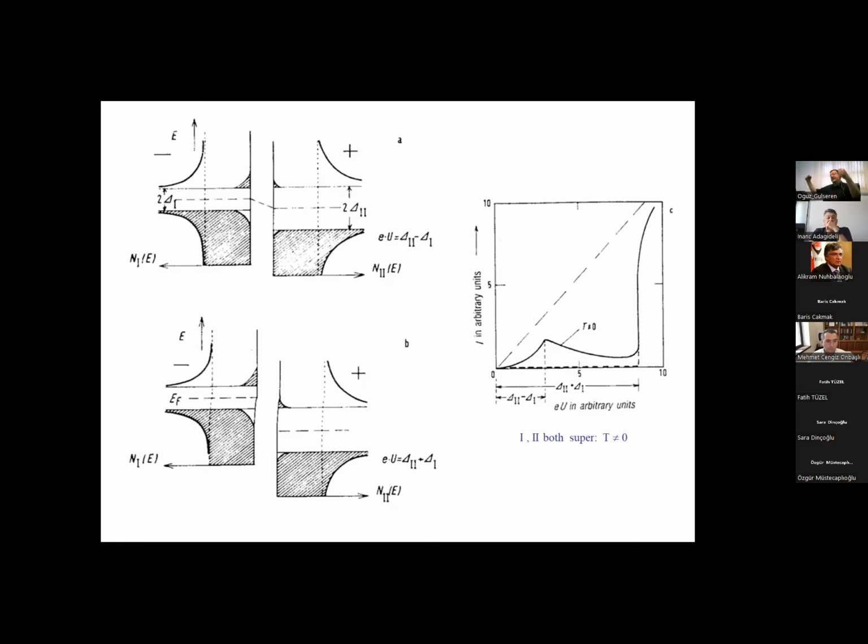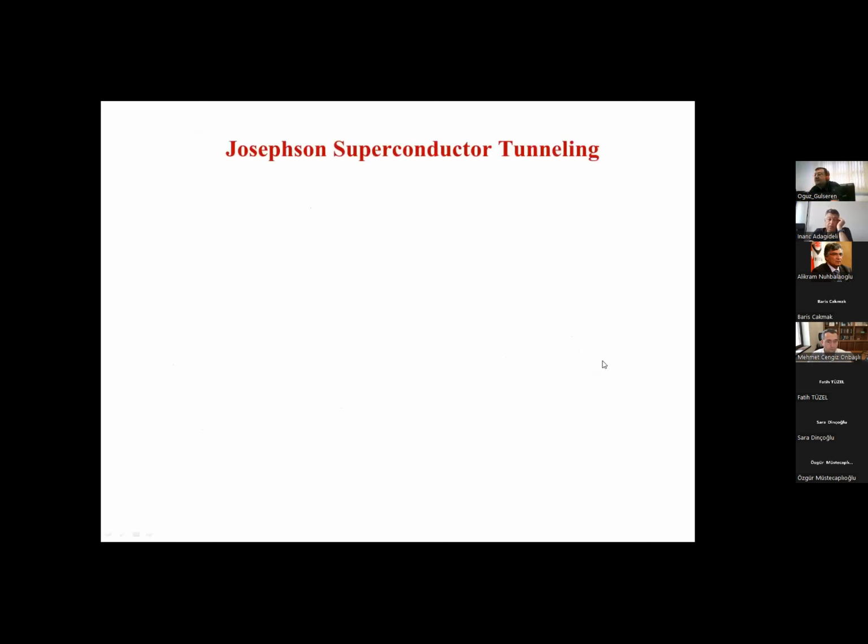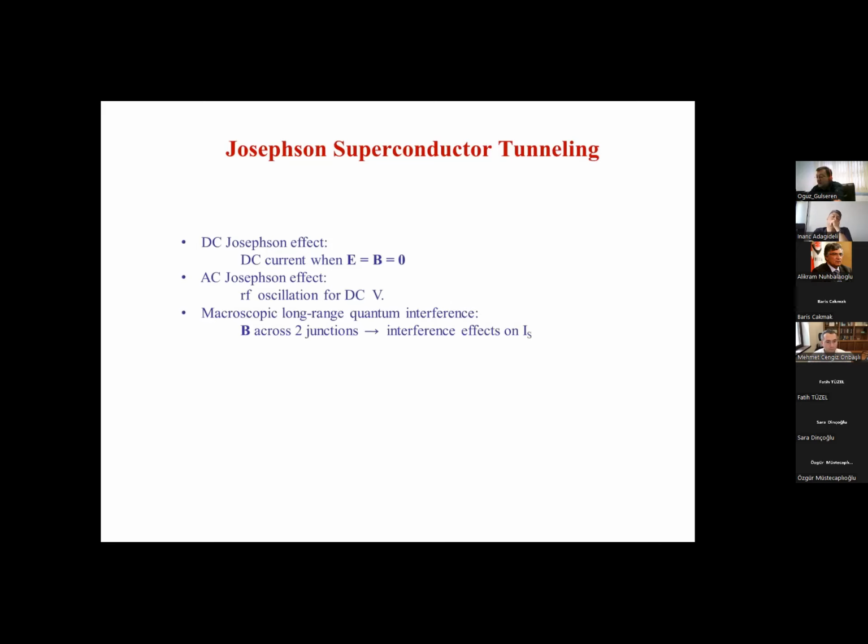If you have two superconductors separated by a thin insulator in between them. Okay. Then, based on this, very quickly, sorry, time flies by, let me review the Josephson effect as well, based on this tunneling.